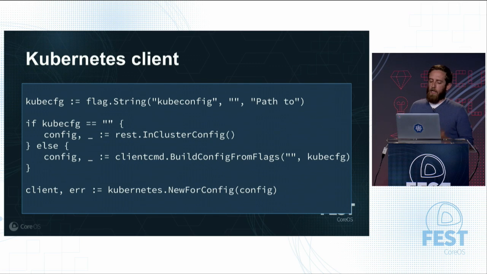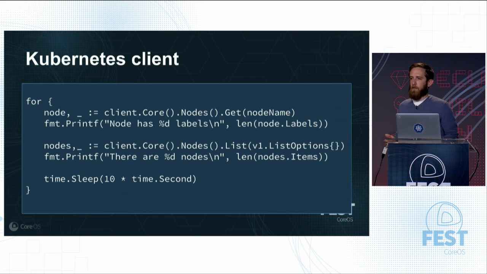Once you have the config, again, it's pretty simple. Kubernetes NewForConfig gives you back a client. Now that we have a client, we could start doing things. For example, we know about ourselves now. We know what our node name is, so we could use that client to get the actual node object and find out all kinds of information about it. We could get the status of it or what containers it's running.